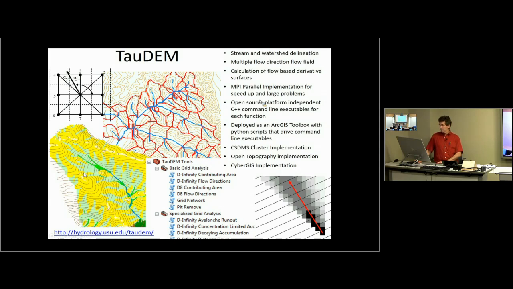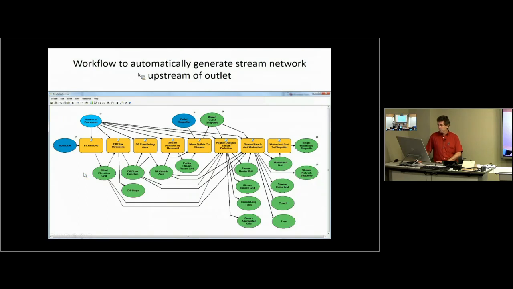Okay, so this shows, we spoke about Model Builder. You could actually take Model Builder and build the whole sequence of doing a watershed delineation with TauDEM. And this is what I did here, and built this elaborate thing that shows you start from the DEM, you go through pit remove, D8 flow directions, D8 contributing area.